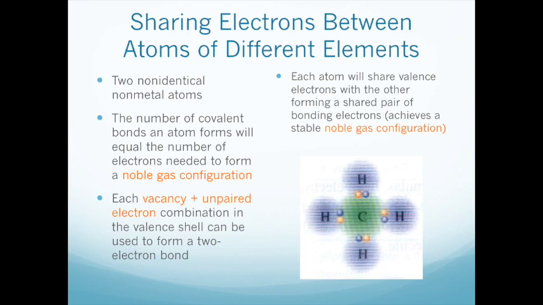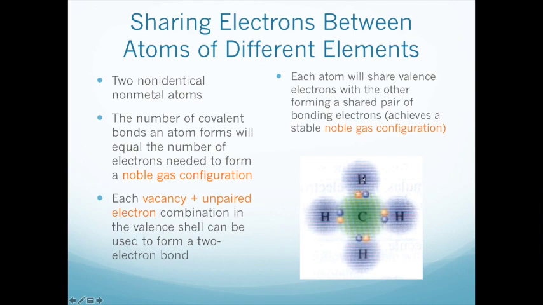And we'll go through this a bit, but here's an example shown in this diagram of the methane molecule. You have carbon in the center, which has 4 valence electrons, and then you have 4 hydrogens, each of which has 1 valence electron.